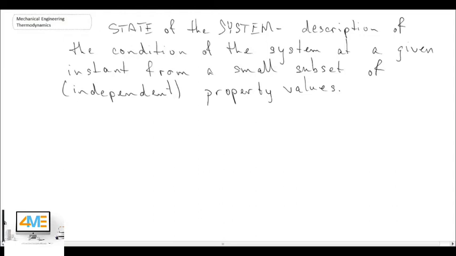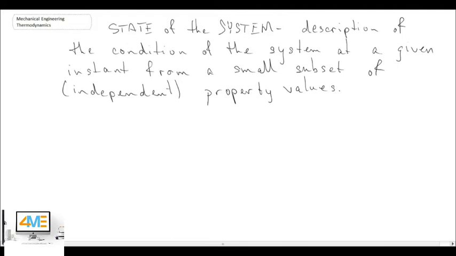from independent property values. So from a number of property values, we can then specify the state that the system is at. And once we have specified the state of the system from this small number of independent property values, usually two through the state postulate of thermodynamics. If you have two independent intensive properties, you can specify the state.